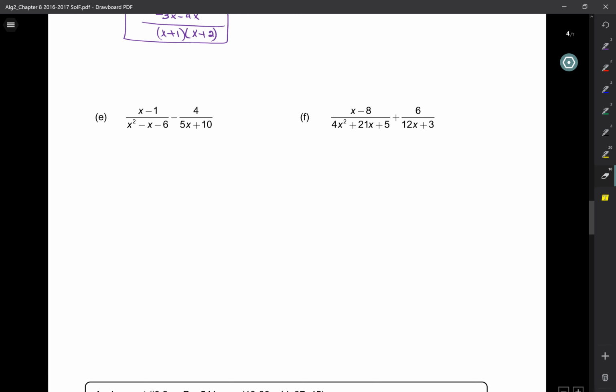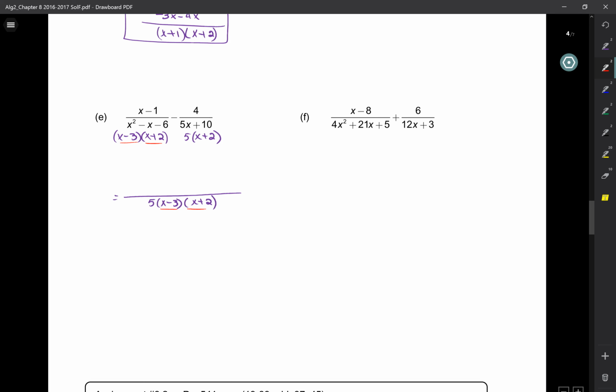So next one. We factor this. And here we get 5x plus 2. Okay, so the common denominator is going to be 5x, x minus 3, x plus 2. Right. So now, the first denominator divided by the first one, this and this are the same.